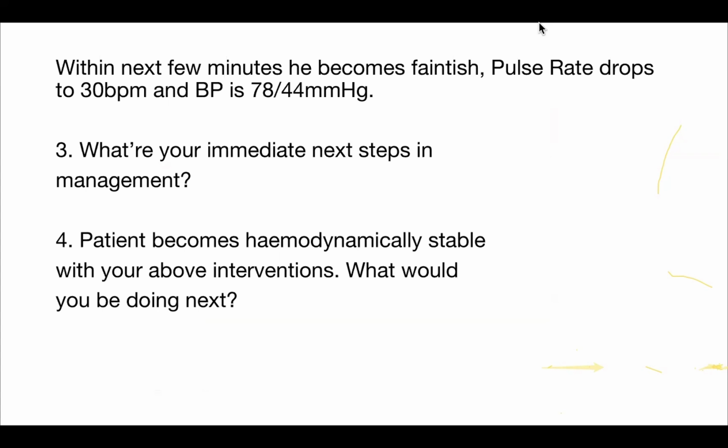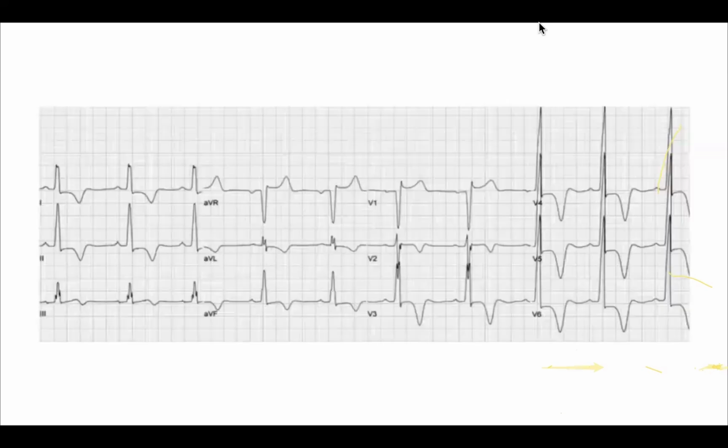So this is again the same scenario we have been discussing, right? Okay. So I will give you a history here. A 38-year-old male patient coming with recurrent syncopal episodes, right?